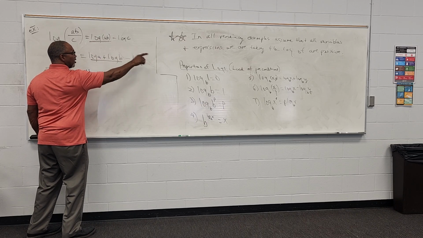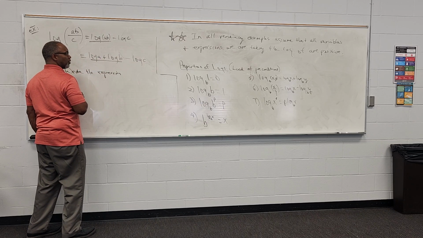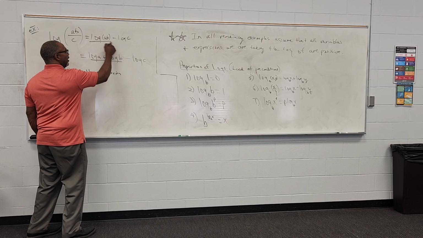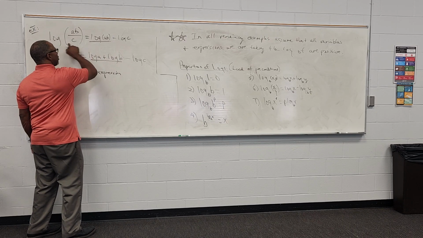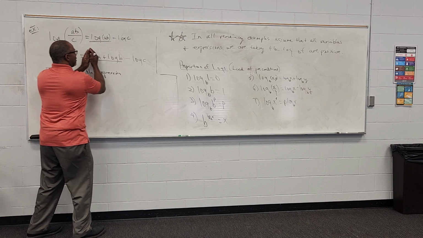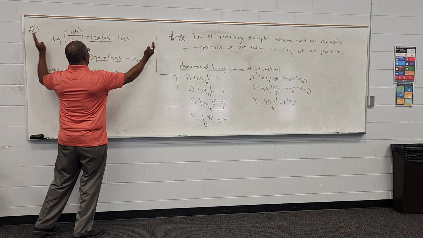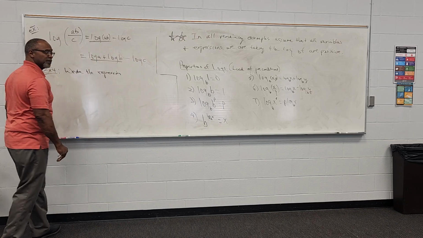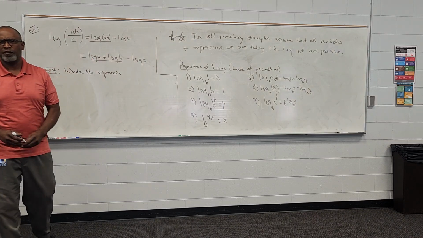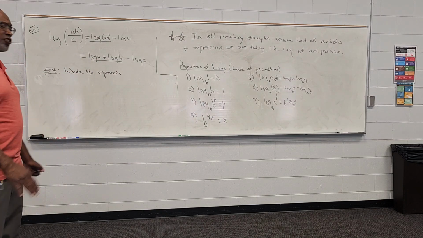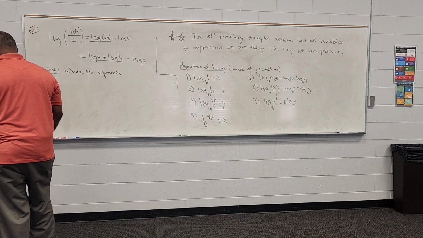This is equal to that according to my product rule for logs. So I can start with this, and the sum of the logs becomes the log of the product, and then the difference of the 2 logs becomes the log of the quotient. So I can start with one expression and expand it to this, or if I started out with these 3 logs, I can compress them into that. We're going to do both things before it's over. We're going to use these log rules to both expand and condense these expressions.